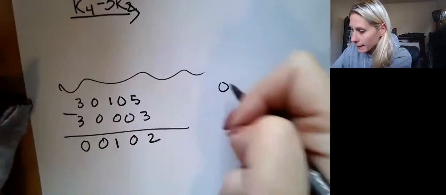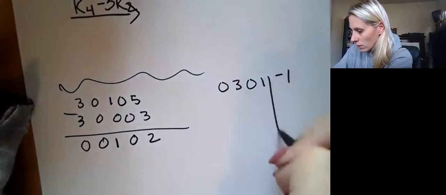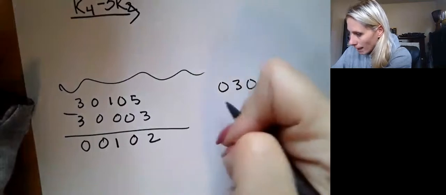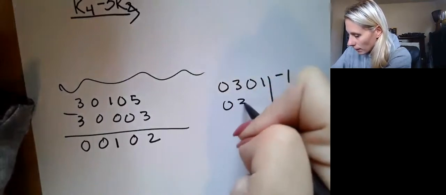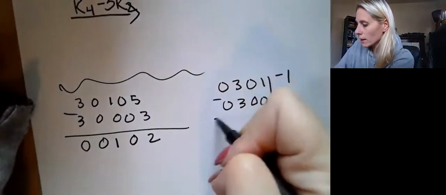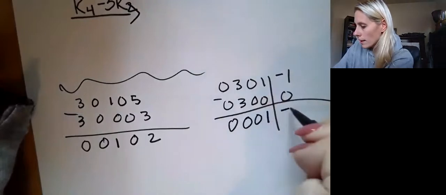Row 4 is 0, 3, 0, 1, negative 1. And then we're going to multiply row 2 by 3. So 0, 3, 0, 0, 0. Nice and easy. We're going to subtract them. 0, 0, 0, 1, negative 1.